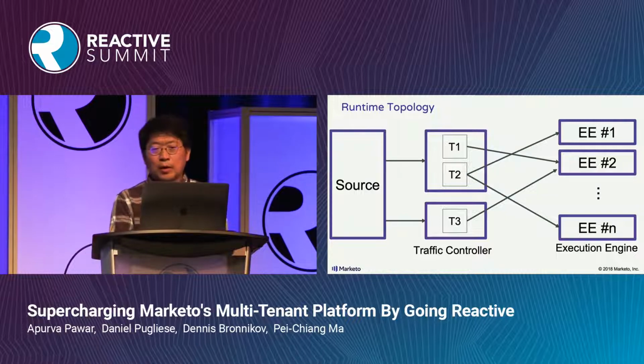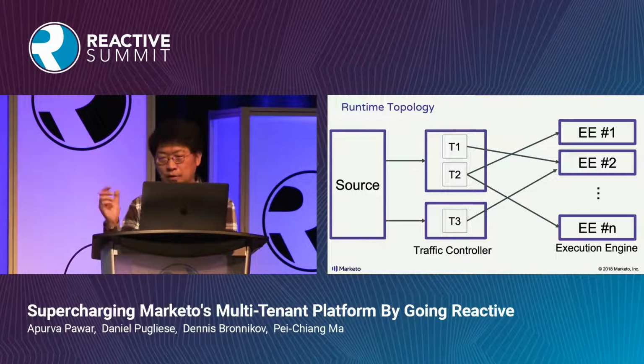From a runtime topology, we like to call tenant-related business the traffic controller, so boxes in the middle. And task execution business the execution engine, those are boxes to the right. Tasks coming from the source flow into the traffic controller in the middle, depending on the tenants.